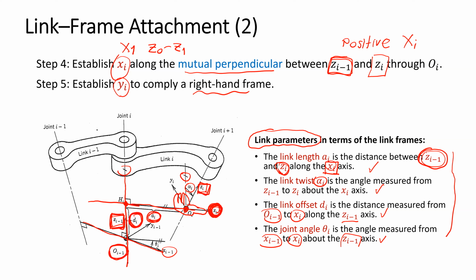So you need to find the angle difference between this line and this line about this axis. The parallel line of Xi is this one. And the angle between Xi minus 1 and Xi about this axis is equal to the joint angle theta 1.